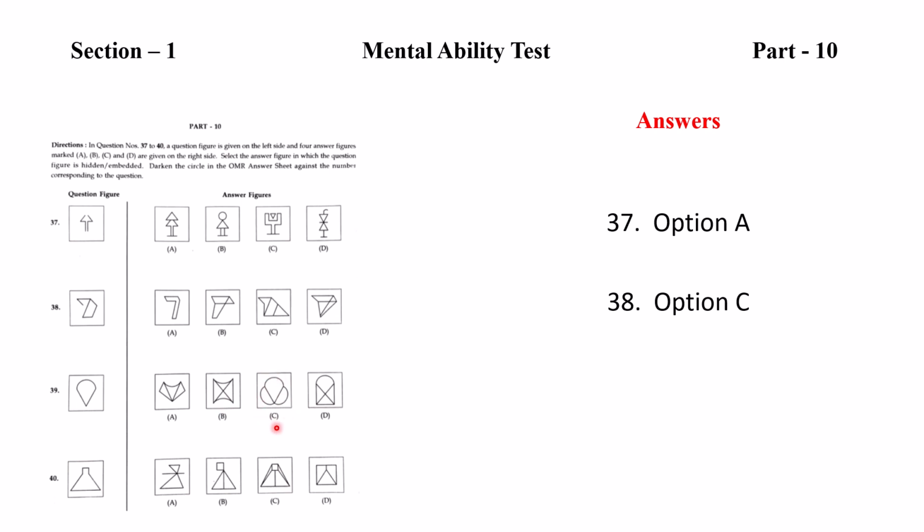You can clearly see that in option C, this figure is available. Therefore, the correct answer for 39 would be option C. Now coming to question number 40. Again, this is also very simple. We can see that in option C, this figure is present. Therefore, the correct answer for question number 40 would be again option C.